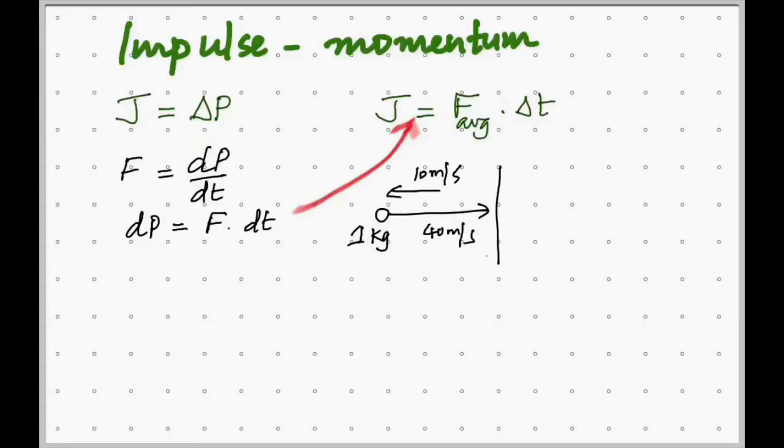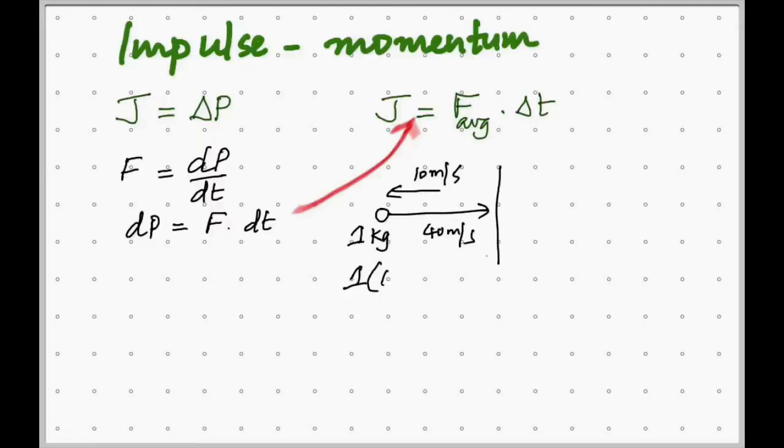Or find the impulse. Impulse is the change in momentum, isn't it? Find it. Velocity going backwards, negative. Yeah, that's what you have to remember. And most do not. They will just go 1 times 40 minus 1 times 10, and you will get the change as 30, which is wrong.